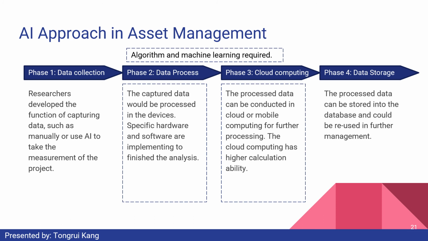In addition, recent development of algorithms and machine learning allows mobile devices and computers to enable efficient and resource-constrained calculation. The combination of AI tech, cloud and mobile computing, and suitable algorithms would eliminate manual procedures and capture a wide range of data. Those captured and processed data can be stored in the database for further reference. Hence, the AI approach has become popular in the asset management market recently.